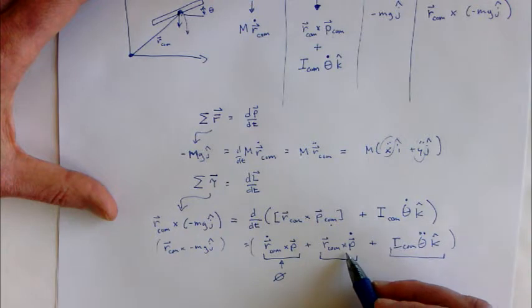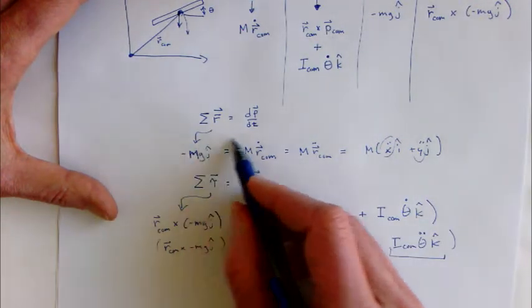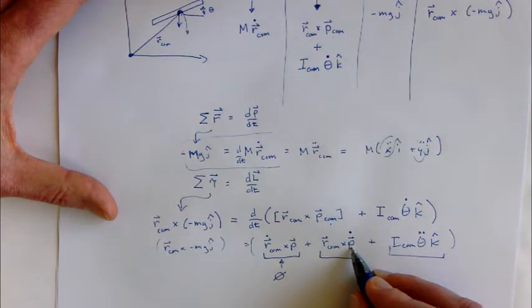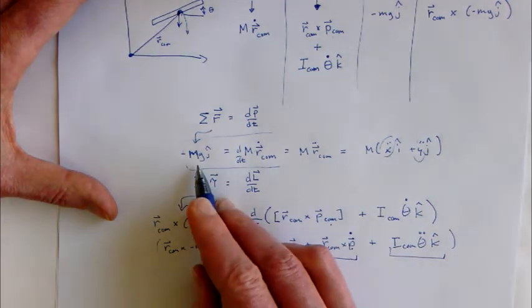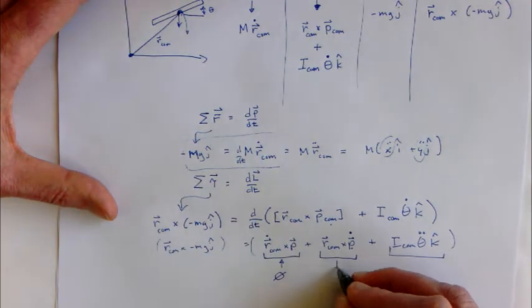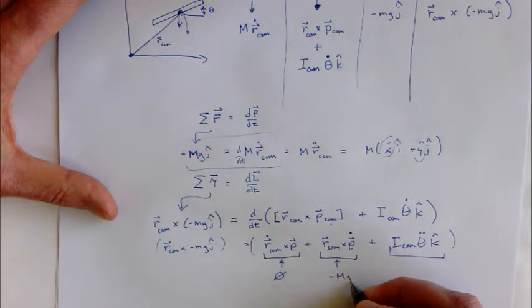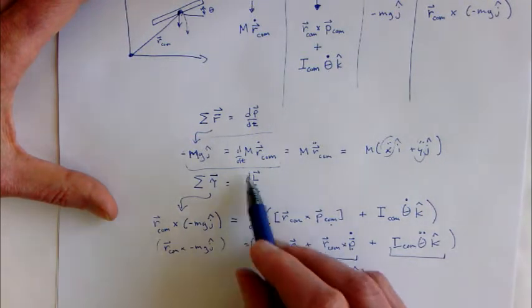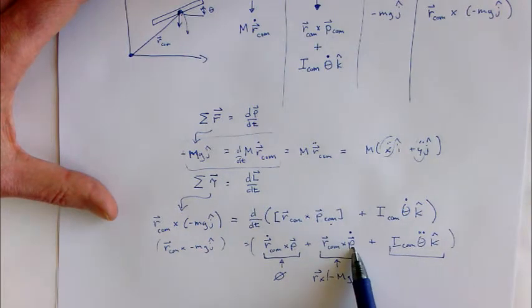Furthermore, if we look back to this equation, we actually know what P dot is. P dot is simply minus mg j hat. So this is r cross minus mg j hat, because we know from the previous equation what the time derivative of momentum is.